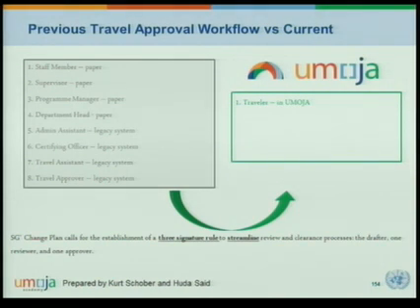You are traveling, so you are requesting the travel. You will go into Umoja, click on that travel box, and start to initiate the travel. You'll provide details like where you're traveling from and to, what dates you're traveling, and what account this travel is going to be charged against. So those are the details you'll enter.